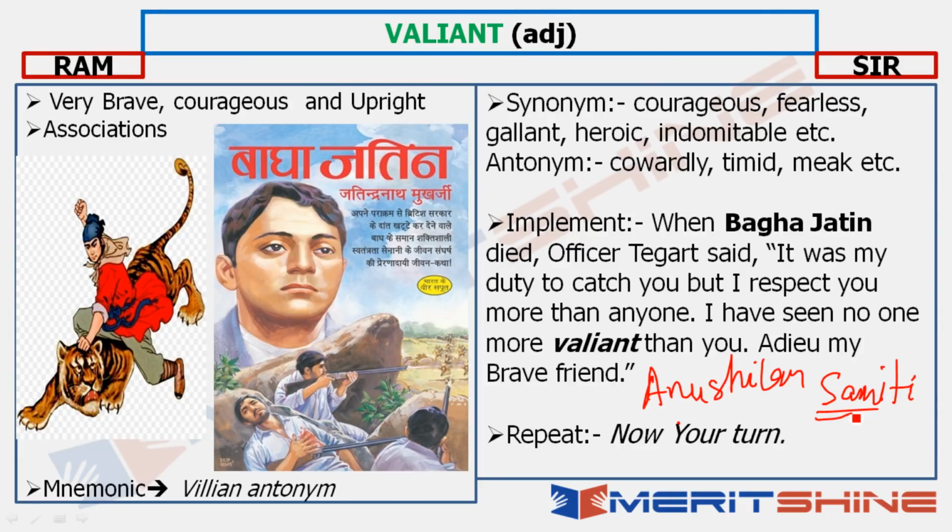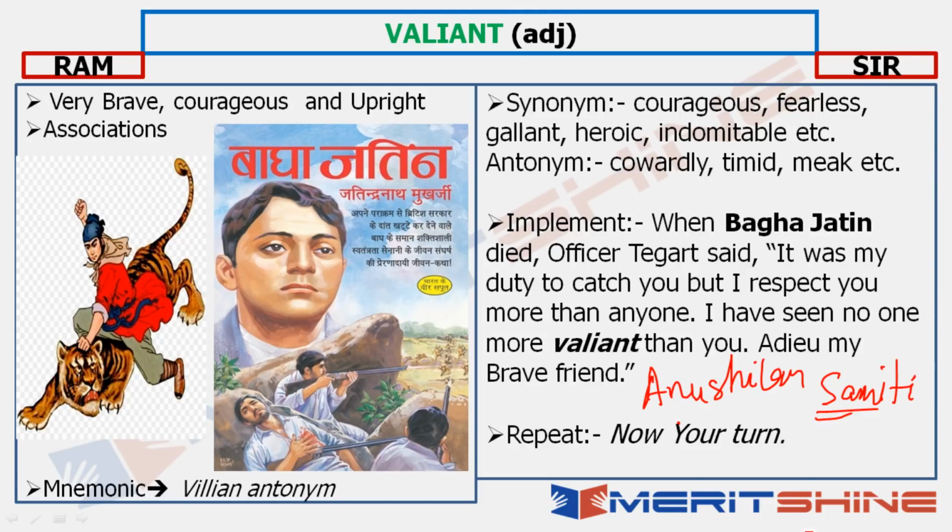Now, Anushilan Samiti was one of the first political revolutionary organizations. From here only, later on Ram Prasad Bismil and Chandrasekhar Azad would take the motivation from Anushilan Samiti and form the Hindustan Republic Association, HRA. So, more of that later on. I'll come to that also.